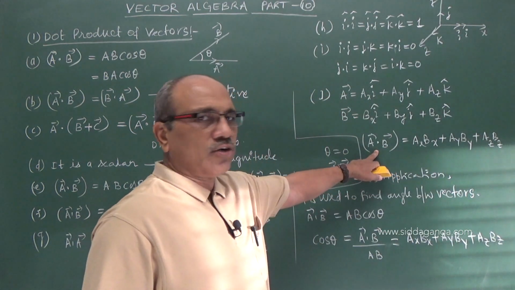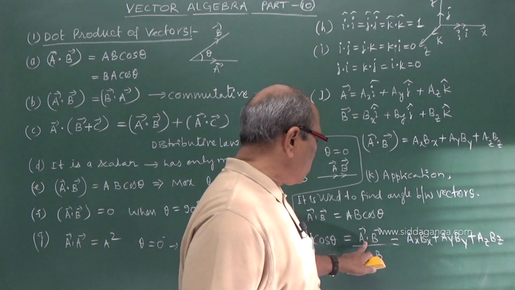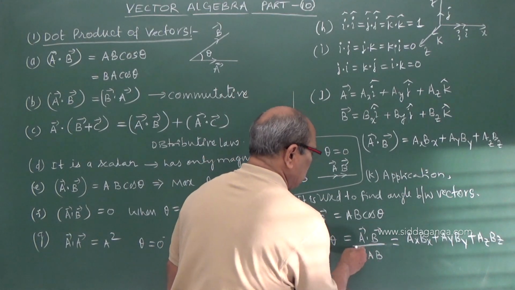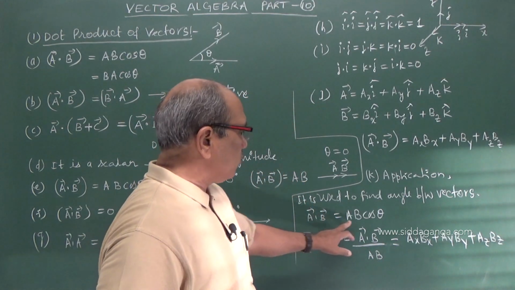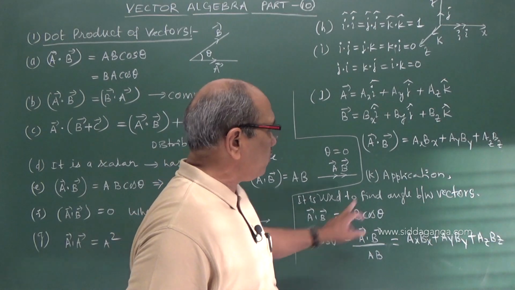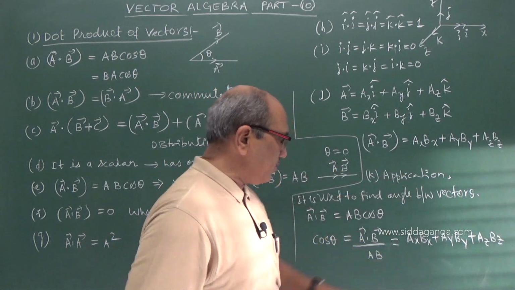That is what this A dot B we got. I have not brought anything new: A dot B equals AB cos theta, so cos theta is A dot B, which is given here.